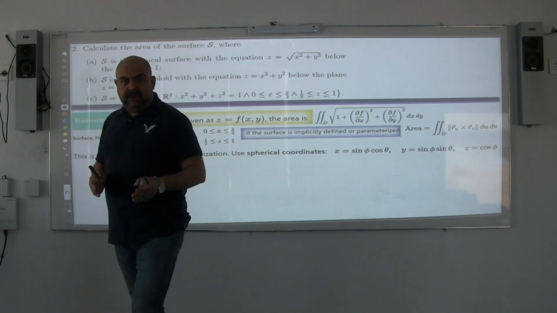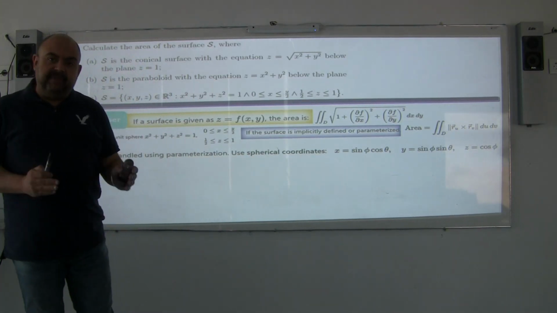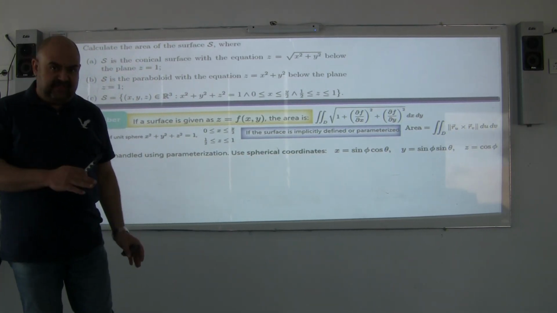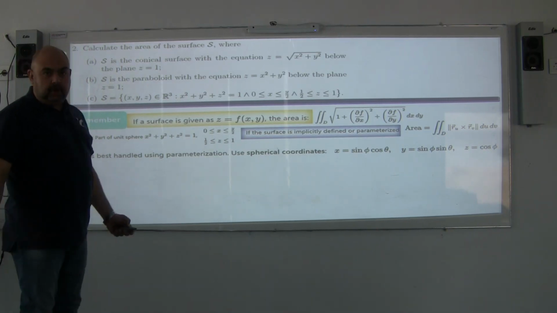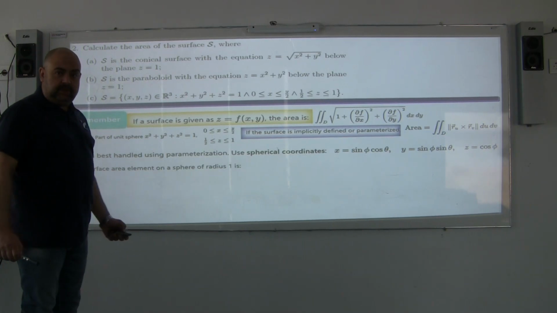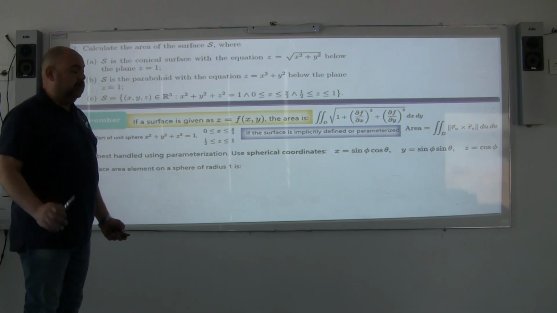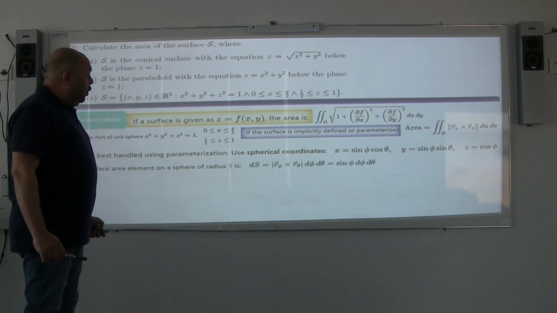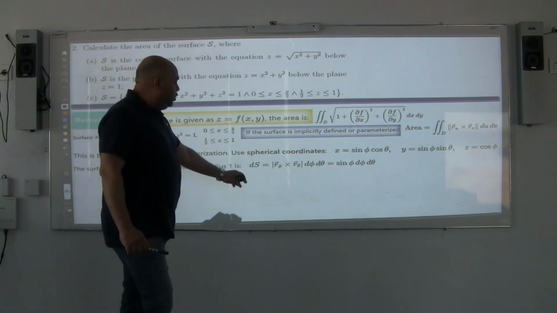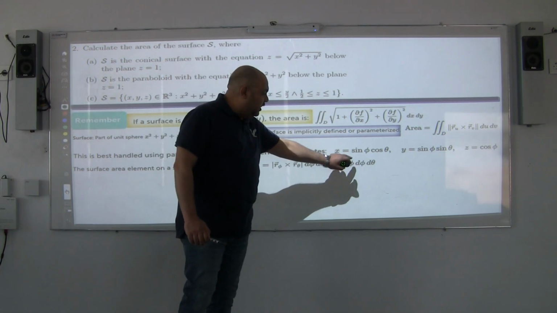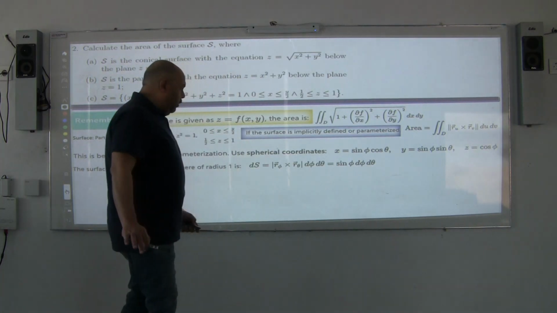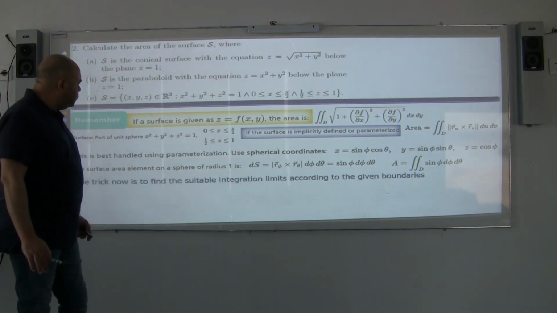So I'm parameterizing, instead of having u and v, I'm talking with phi and theta. Remember, and of course we know the Jacobian in the case of the spherical coordinates. You should remember this. And now once more, the dS, which is rho phi rho theta d phi d theta, is going to be sine phi d phi d theta.